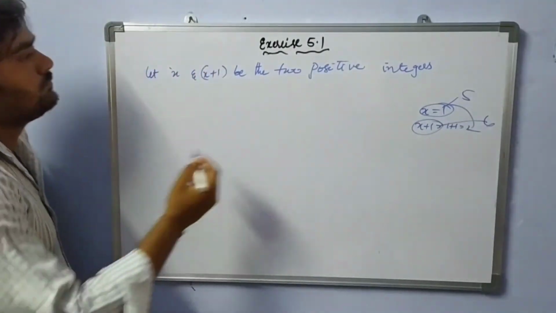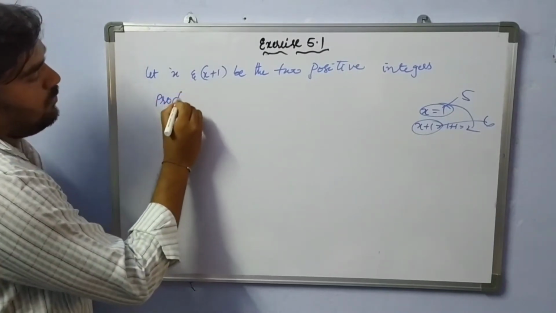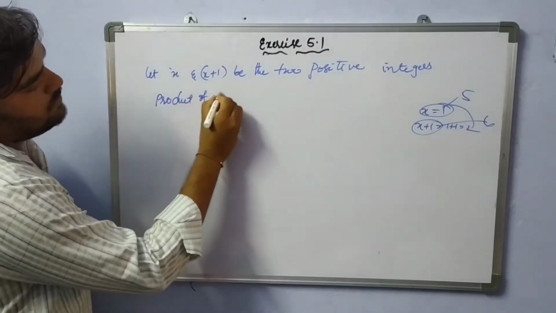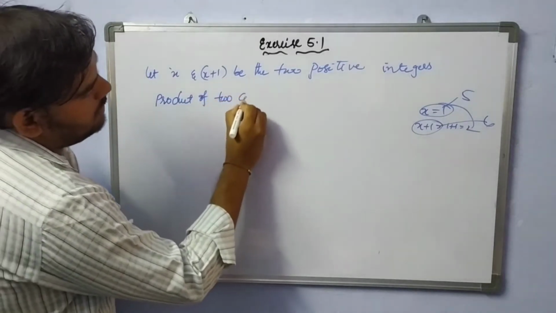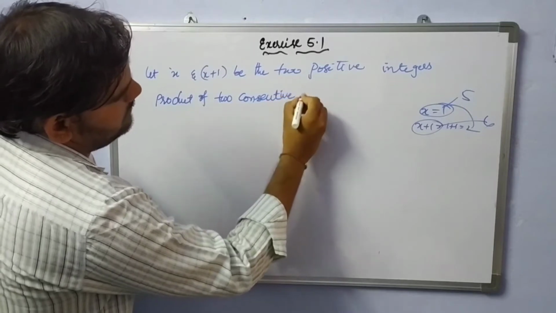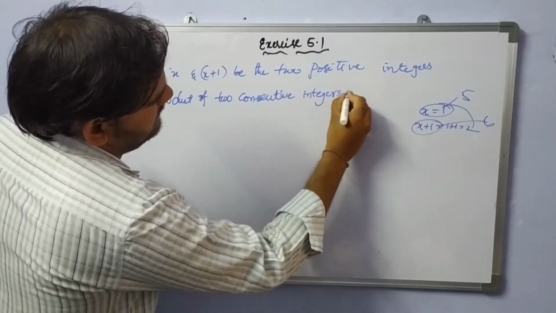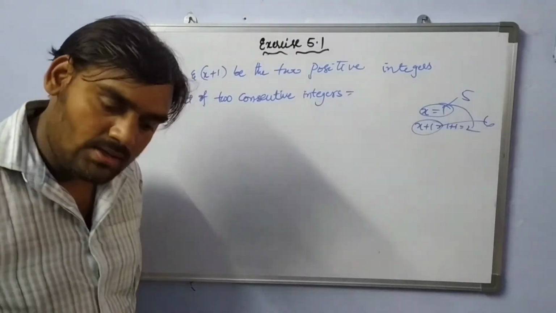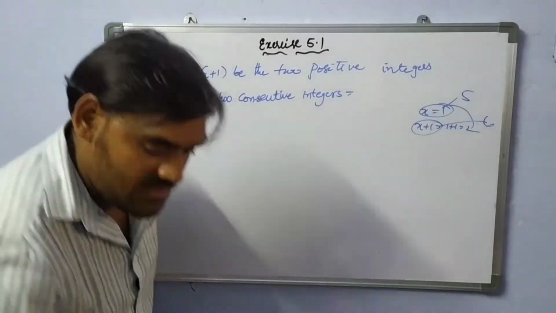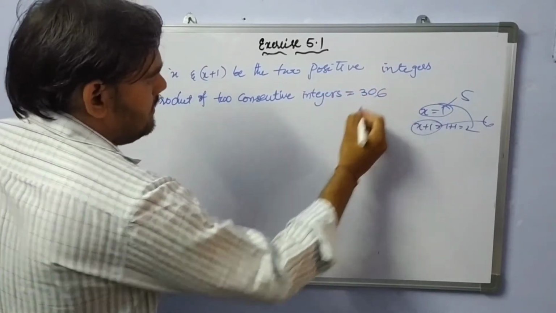So here, the product of two consecutive integers is equal to 306.